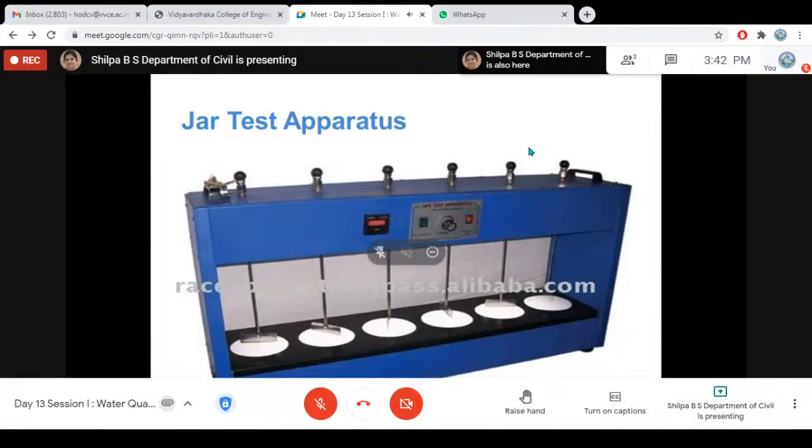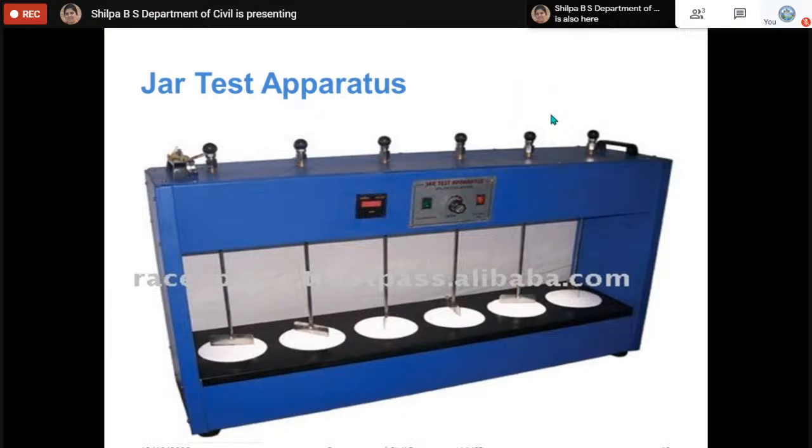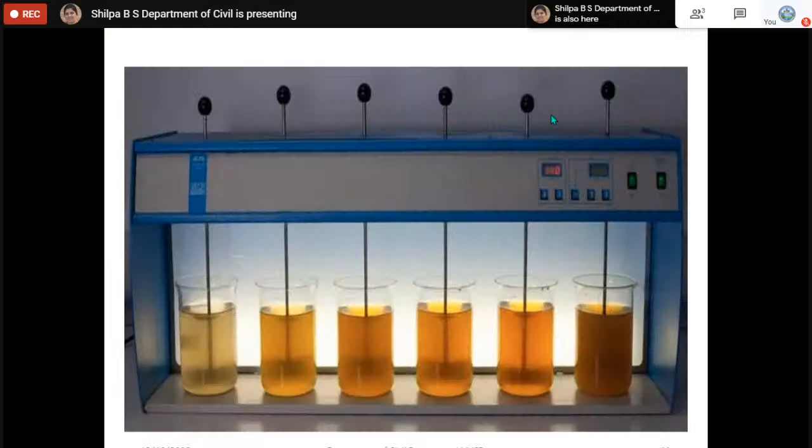So they attach to each other and start growing to a bigger size. To determine the optimum dosage of the coagulant, the test that we perform is the jar test. Using 6 jars with 1 liter of sample each, we add varying dosages of the coagulant into these beakers, mix thoroughly for 1 minute, and then slow the mixing down to 30 rpm for about 10 minutes.